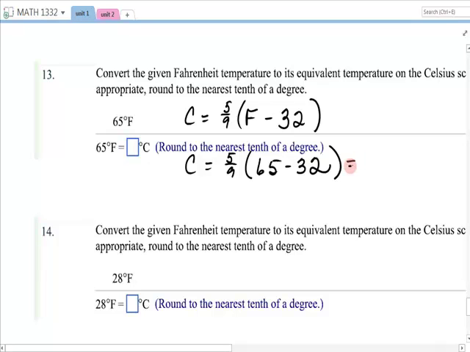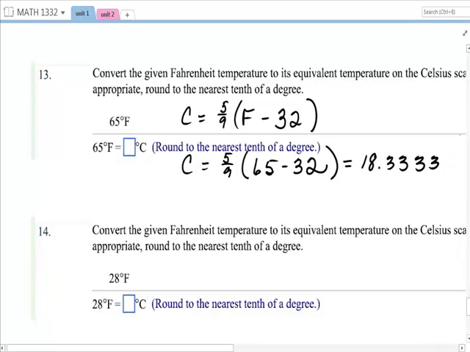And I get 18.3333 degrees Fahrenheit. The instructions tell me to round to the nearest tenth of a degree. So this is going to be approximately 18.3 degrees Fahrenheit.